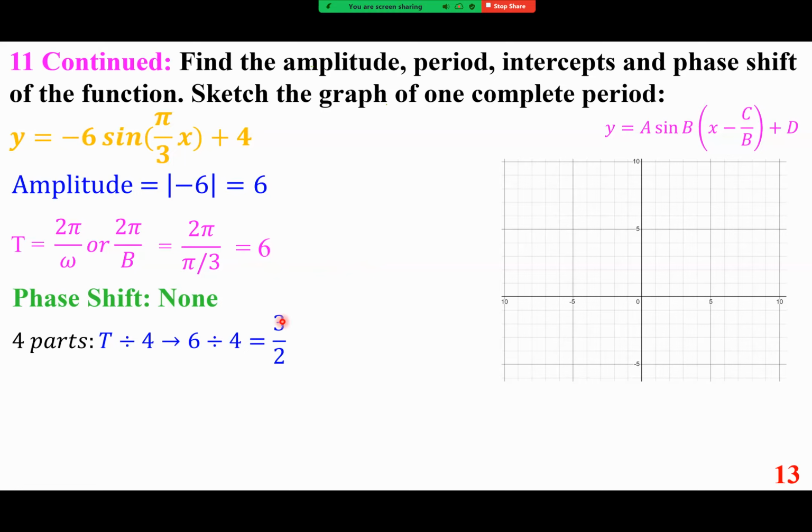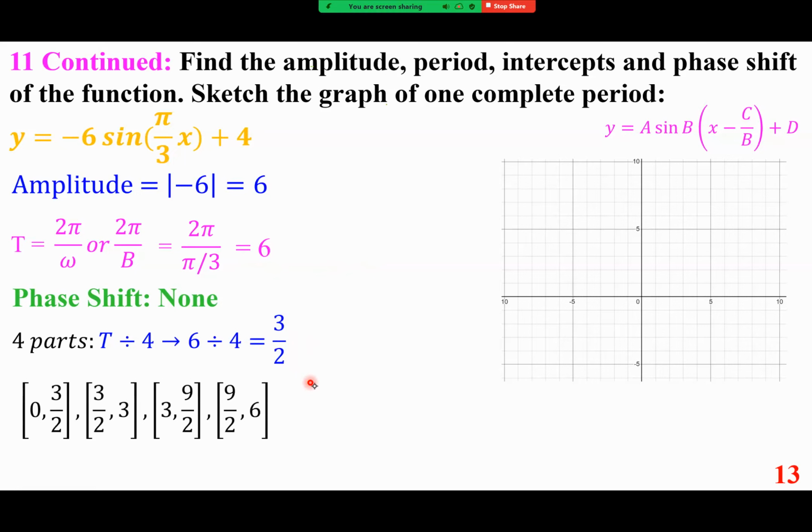The next one would be 3/2 to 3, adding 3/2 to this. And you keep on going. From 3, add 3/2, which makes it 9/2, then 9/2 to 6. So put the 0 here, put the 6 here, and just keep on adding this number.